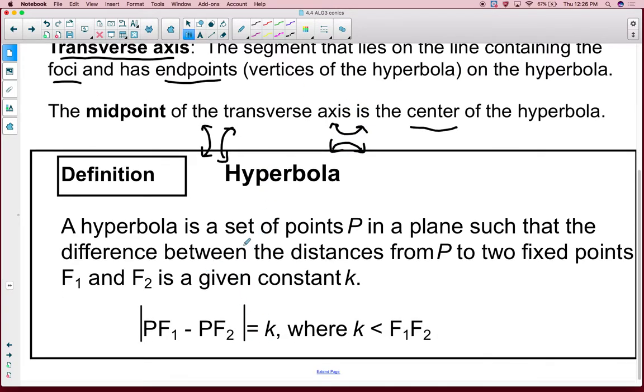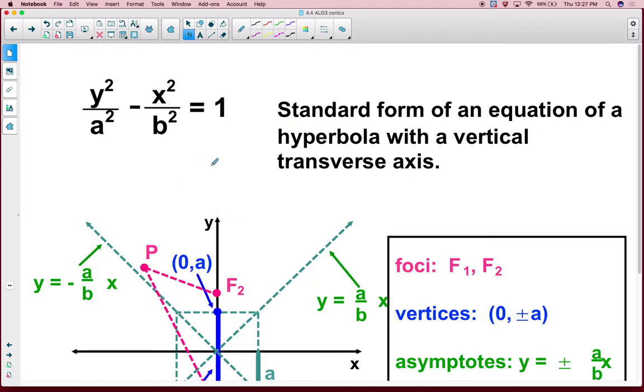And by definition, if we picked a point and we found the distance from that point to focus 1, so we're going to have two foci, and we took this distance minus this distance, and took the absolute value of it, then we would get a constant k. Same with here, we would have the foci. If we find any point here, we take this distance minus this distance, we'll get a constant after we take the absolute value.